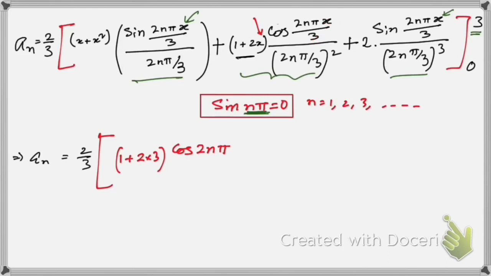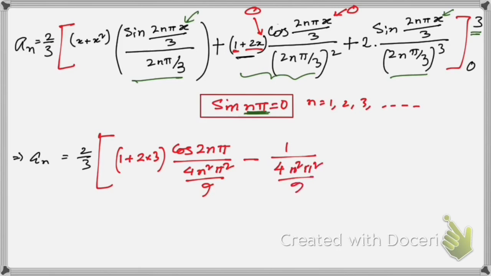And divided by 4n square pi square by 9, then minus, when you put 0 here, this twice x will be 0, and cos 0 is 1, so that's why 1 into 1 by 4n square pi square by 9. That's what we have got, right?